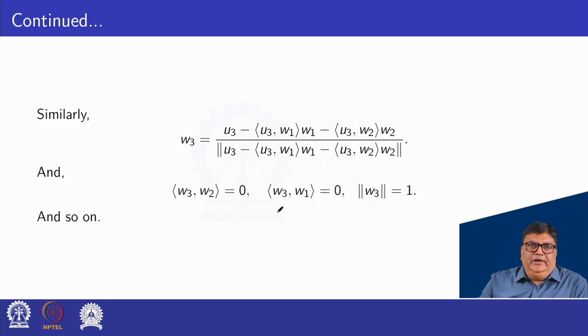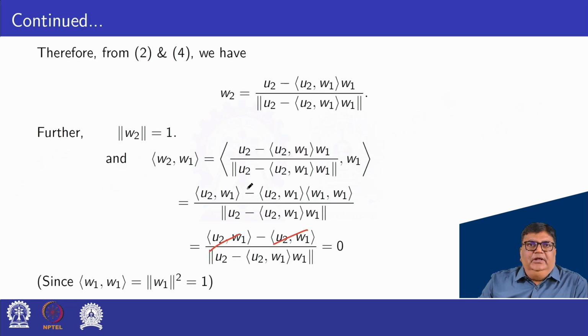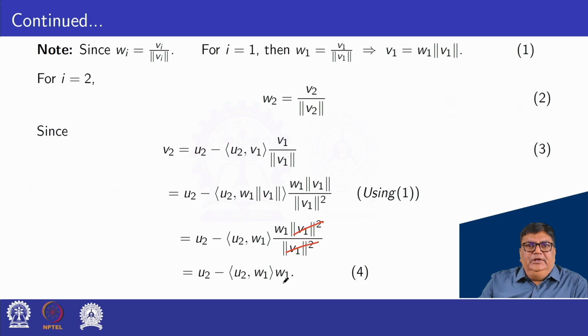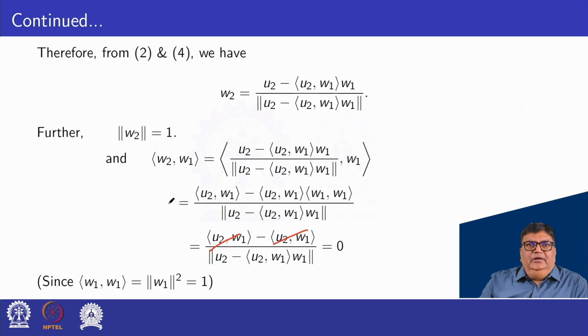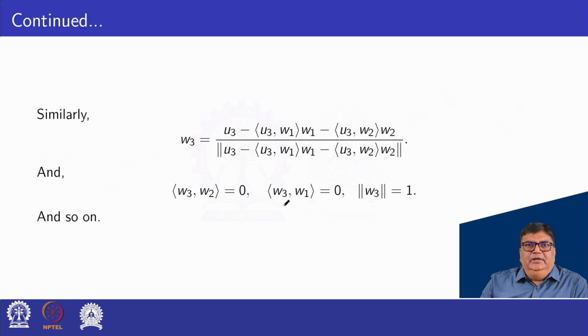So we can represent V1, V2, V3 in terms of W1, W2, W3, and W1, W2, W3 can be written in terms of U1, U2, U3.